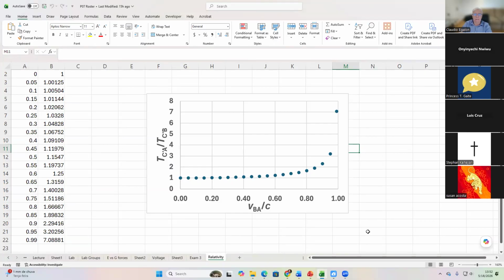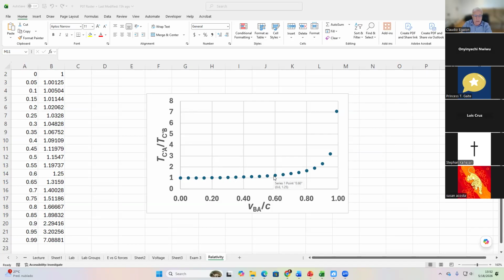But notice that for most speeds, don't forget, this is the ratio of the velocity with respect to the speed of light. Here is 20% the speed of light, here is 40%, here is 60%.